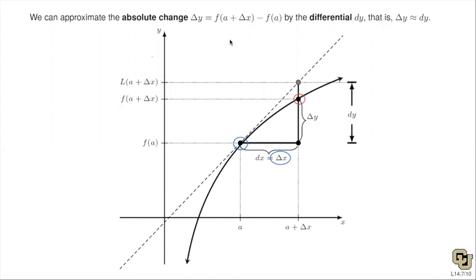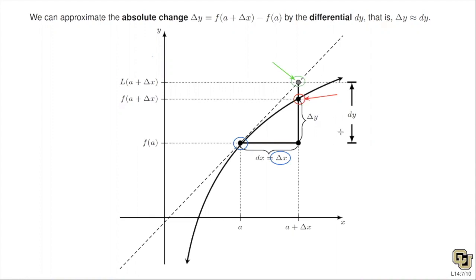So the answer is, well, we can approximate f of a plus delta x by first finding the tangent line at a and then evaluating the tangent line at a plus delta x. So we end up using the value of the tangent line at a plus delta x as our approximation for the value of the actual function.